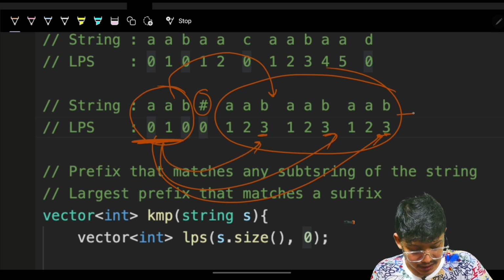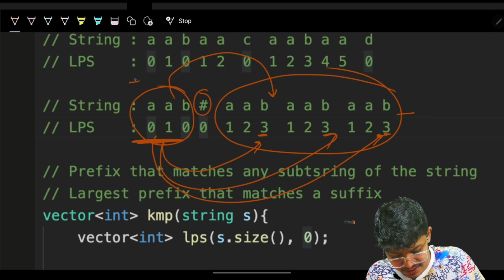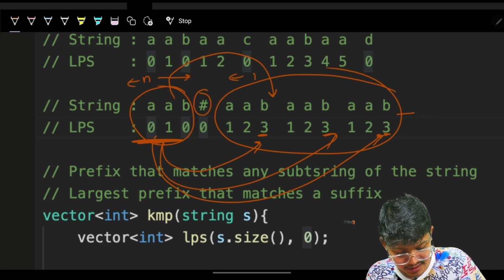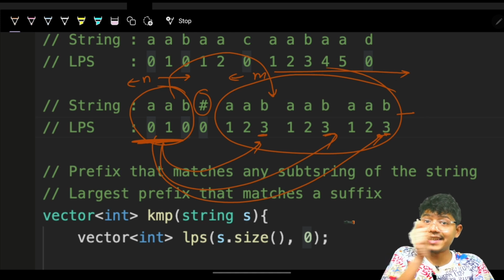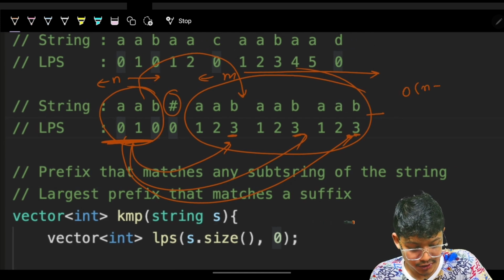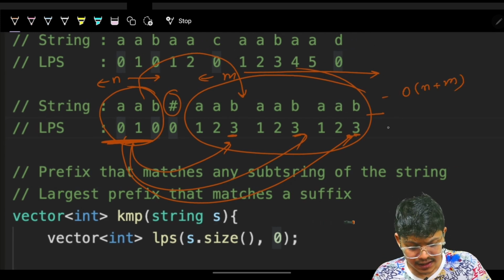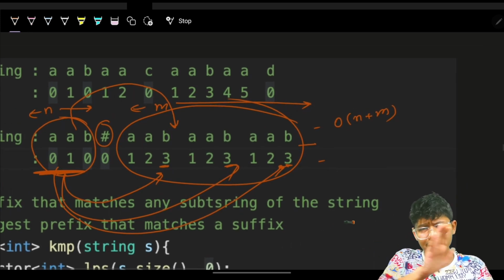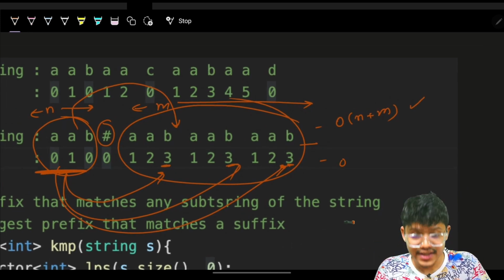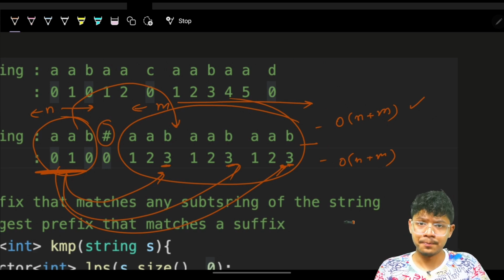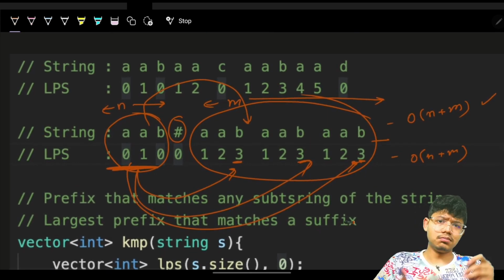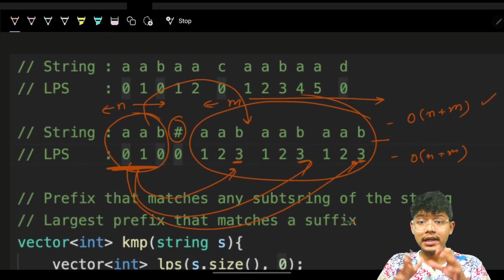So again, this length, let's say it is actually n, this length, let's say, is actually m. So my entire algorithm will say the time is actually O of n plus m. And again, bhaiya, how it is possible, we will see that entire thing, but my space is actually O of n plus m also. But bhaiya, what if my pattern is small and my string is large?